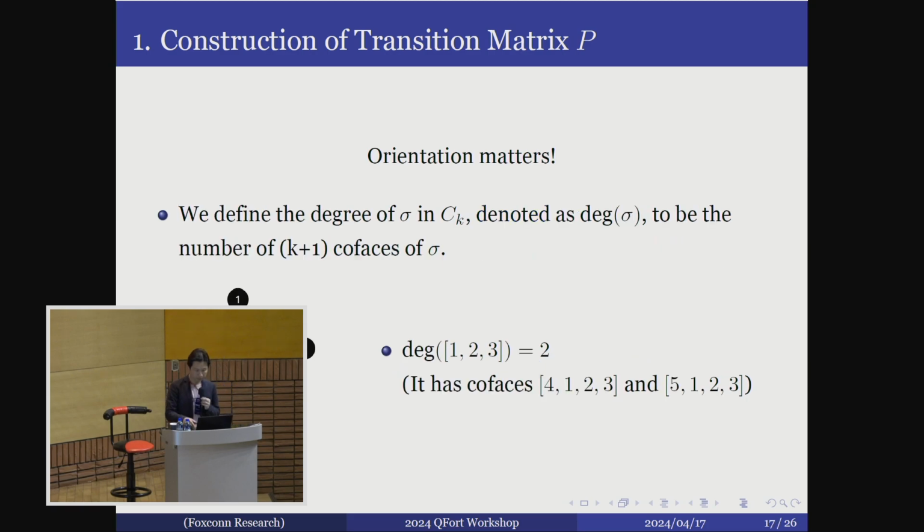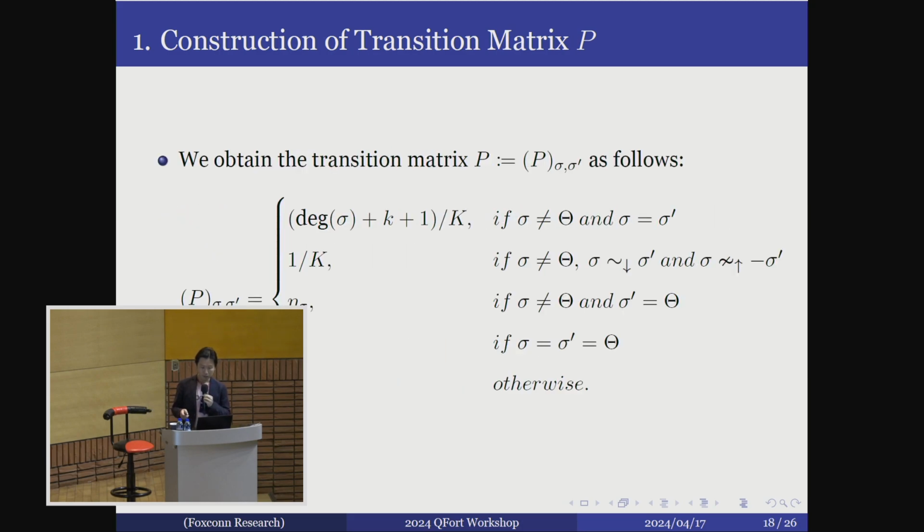And then this is the definition for degree. For example, the degree for this face here is 2. You count, one is red, the other is blue. Once you identify those, then you can write down the transition matrix defined on these simplices.